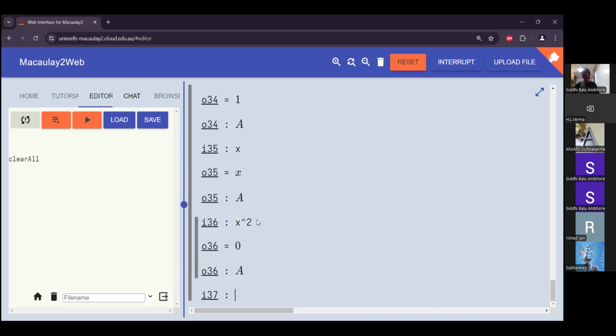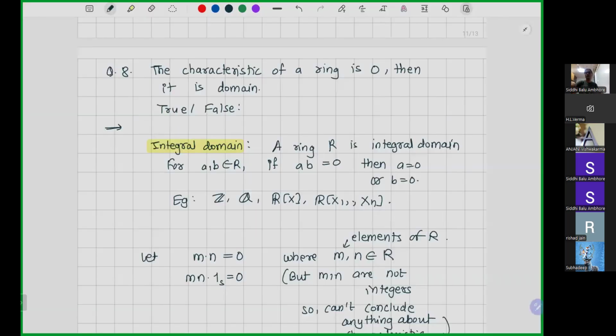Okay, so if you have any doubts here, please let me know how the commands are working so far. Okay, if not, then I will just go back to our questions.